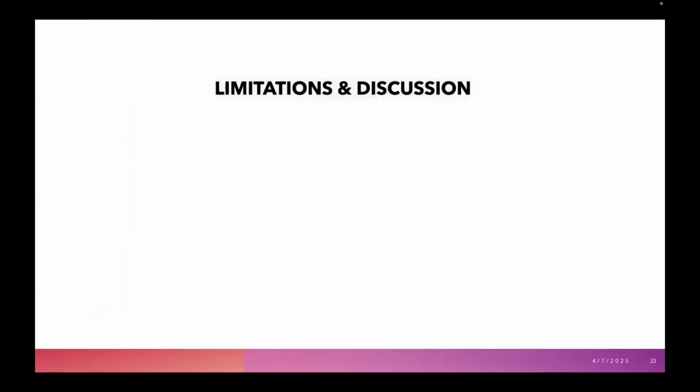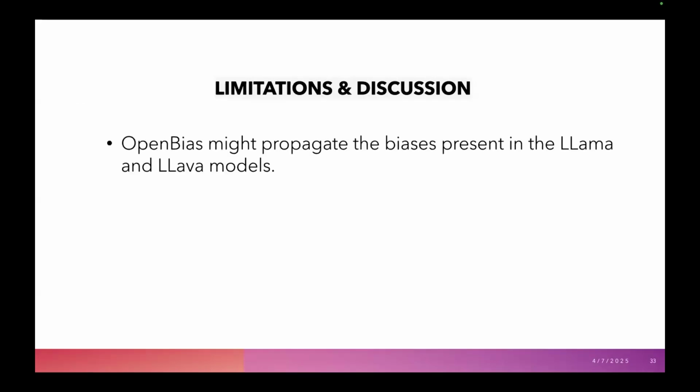There are some limitations that we should be aware of. OpenBias is built on two foundation models, which are Llama and LLaVA. These models have biases that are intrinsic, so those biases may propagate into the OpenBias pipeline. Even though OpenBias works well based on the research, it does not take into account the biases that may stem from Llama and LLaVA.